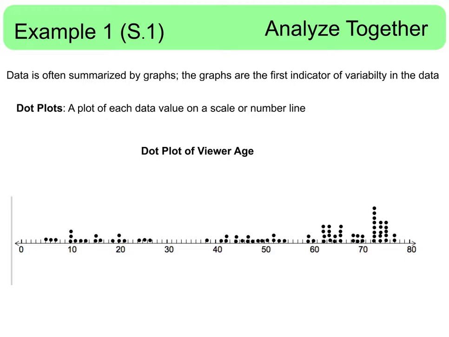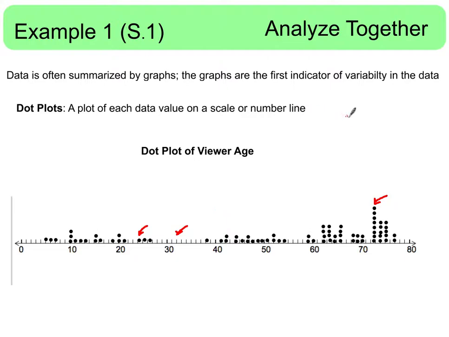So here we have a number line from 0 to 80 with dots placed on top in various locations. One thing that's interesting to note is that in some locations you have a large number of dots, in other places just one, or in some areas none. It gives you the frequency of how many times something happened for a given value.